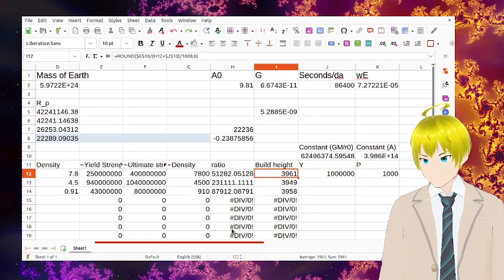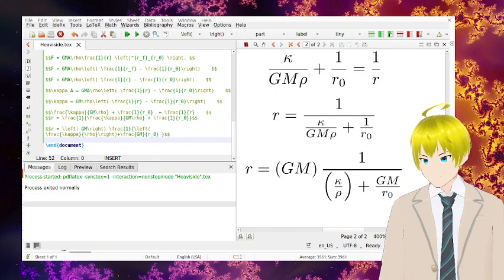Wait a second. Hold on a second. I think we're missing a negative sign somewhere. Okay, let's return to our formula. This is how you do this sort of thing. It's a process of figuring this out slowly.